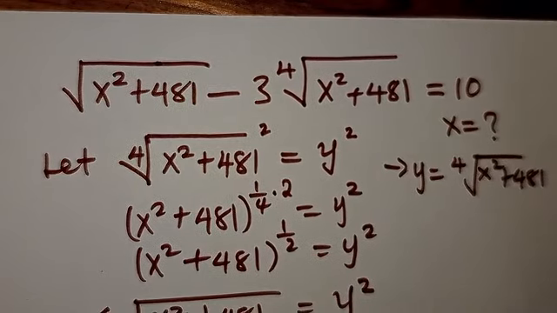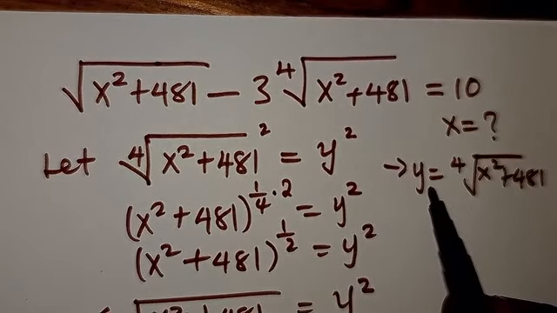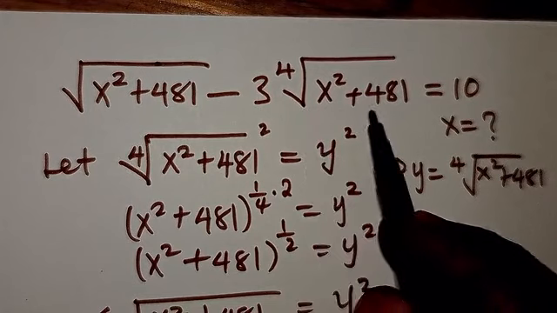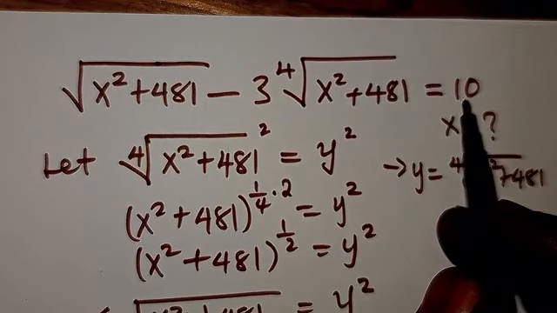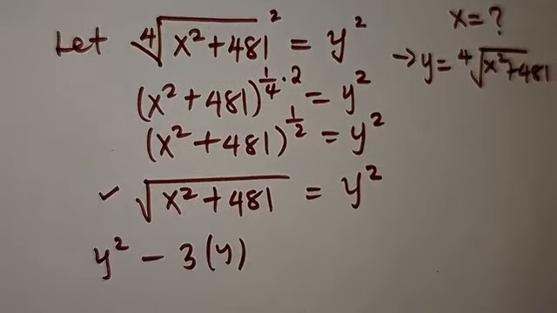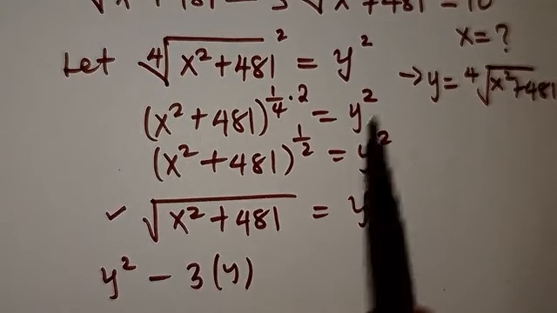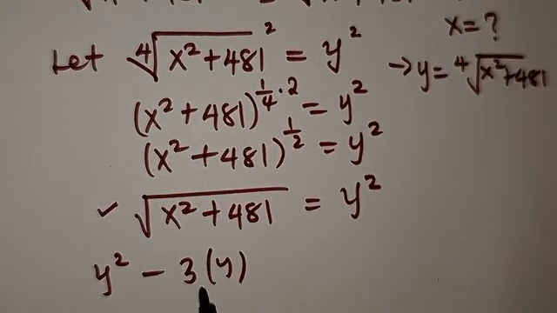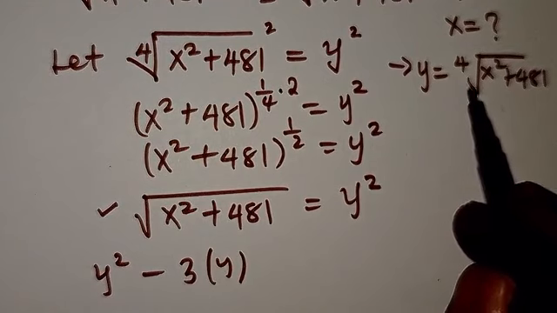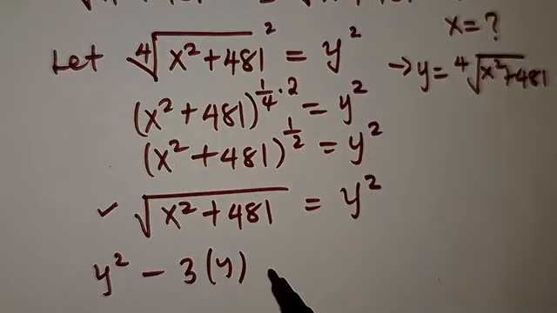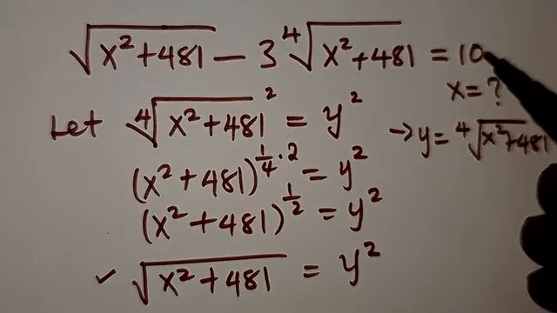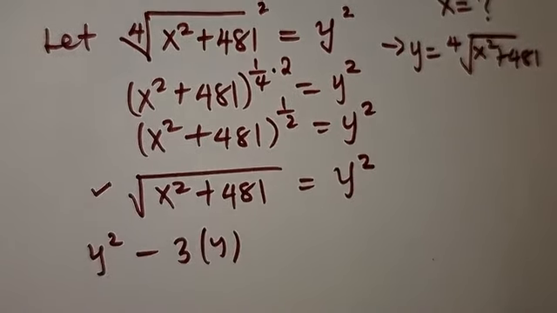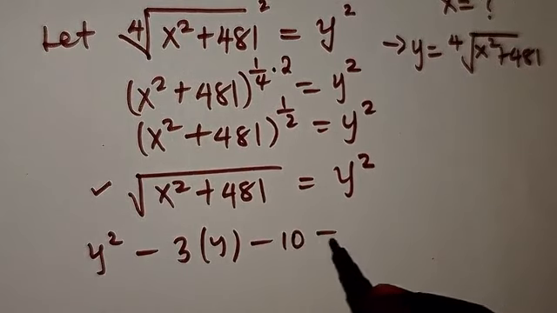So here we are going to have 3 times y. Then we transpose this, then we have y squared minus 3y, when we replace y from the equation. We now take this 10 to the right hand side. We are going to have minus 10 equals 0.